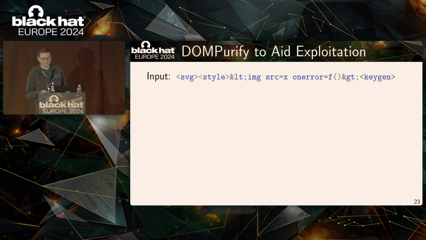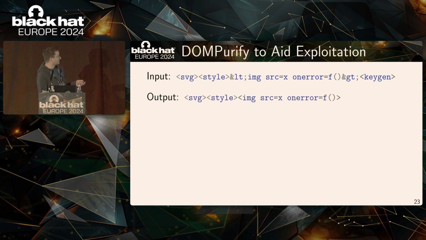For example, if we have the following input, which is an SVG tag, followed by a style tag, followed by an escaped image tag, followed by a keygen tag. The keygen tag is kind of strange because it has been removed from the HTML standard like 15 years ago. Firefox has even completely removed it. It's one of the only things that have ever been removed from the web, I believe.